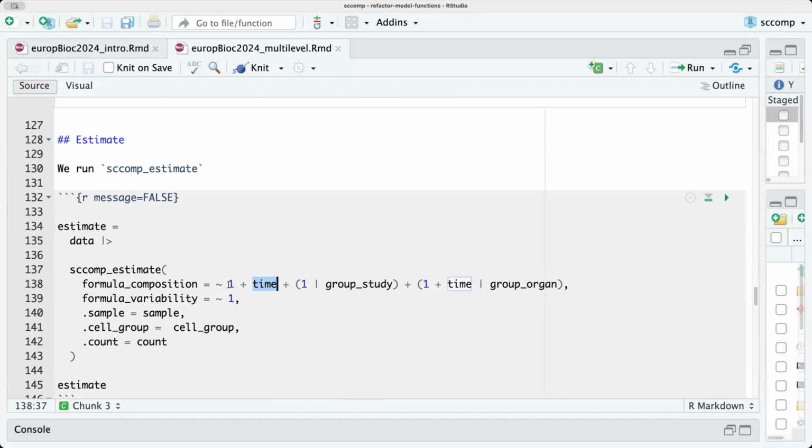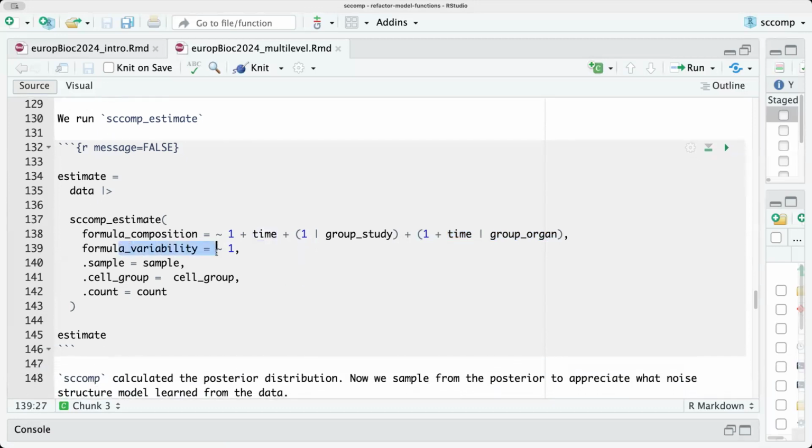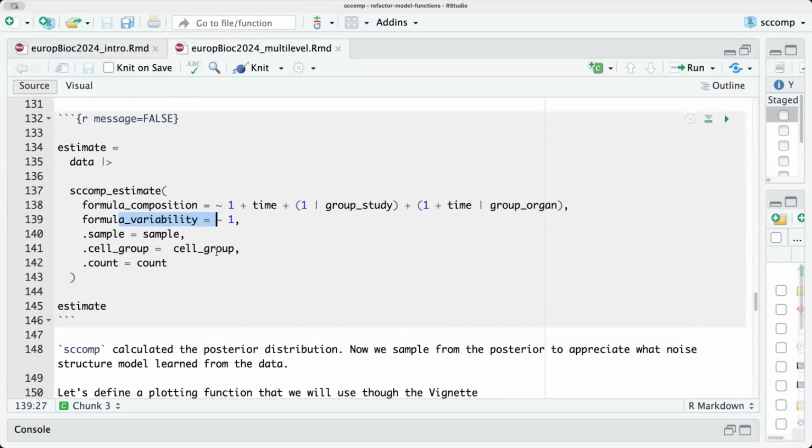In this case, you're modeling at the global level how time is affecting cell type proportion, and also you assume that different organs have different effects, so time has a different effect for each organ. And we assume the variability is not dependent on any variable.